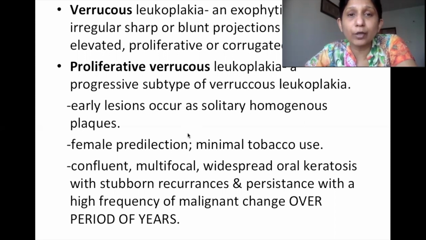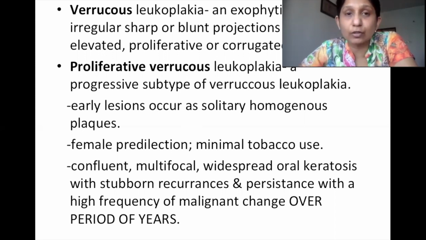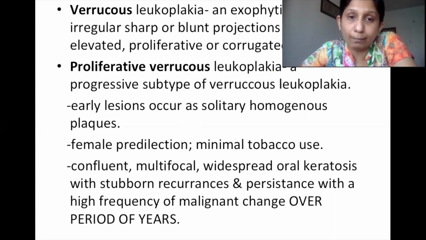Now, proliferative verrucous leukoplakia is a very important lesion to know. It's a progressive type of verrucous leukoplakia, and it's a very long-standing lesion, and 70% of the lesions can undergo a malignant change. So it's very important to know these lesions from that aspect.